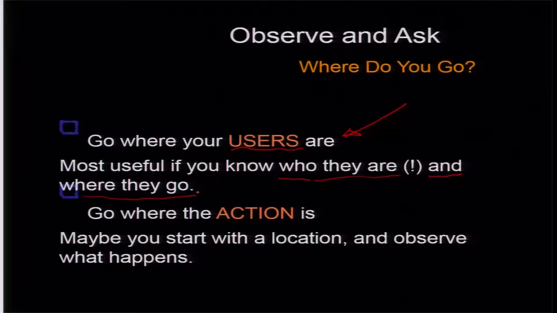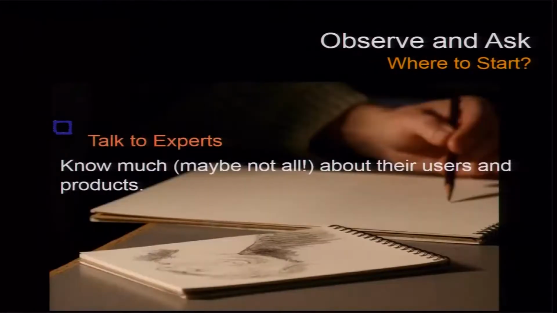This will help you, after observing and talking to them, to interpret various things which may be underlying, which they may not be able to know themselves, but unintentionally they are spelling it out for you to decipher or discern. So, go where the action is. Maybe you start with the location and observe what happens there, and then start observing and asking yourself where is that innovation which is in place, which can bring out something wonderful.